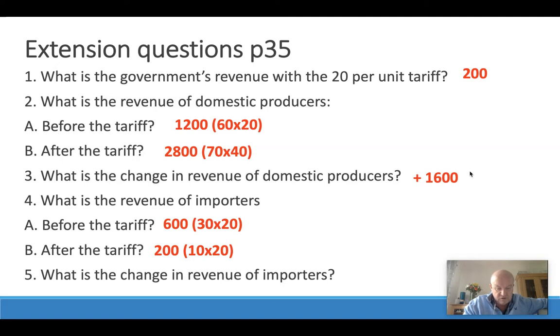So that would only be 200. Okay, so what is the change in revenue for importers? Well, that would actually be £400, 400 less in terms of revenue than the previous scenario. Okay, so you can see that from that relatively simple diagram, there are lots of things that we can pick up and develop and calculate as a result.